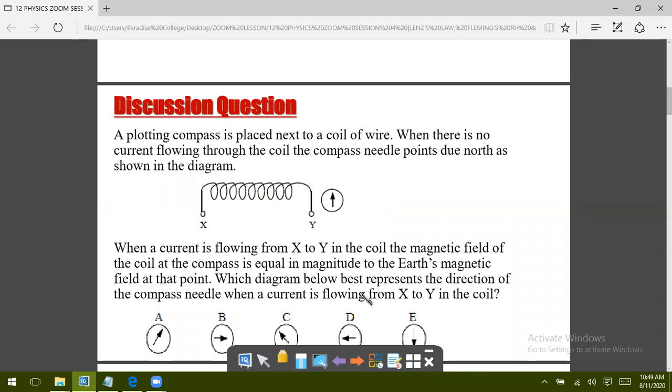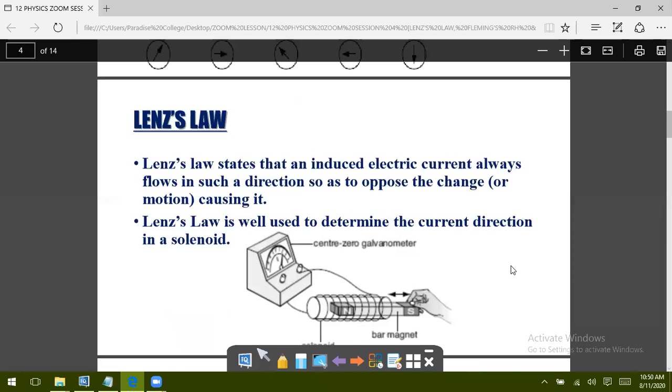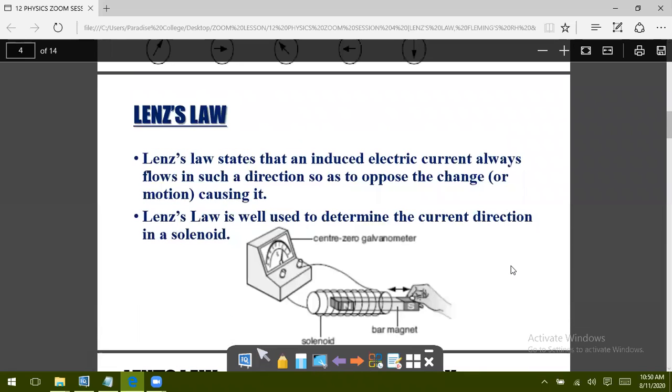Now, this question is taking some time. Let's move a little bit further down. So here we go. Now, Lenz law. Why are we talking about the right hand grip rule?